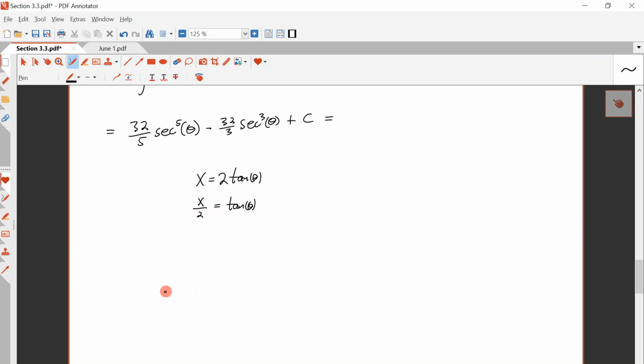Get out your right triangle. Put a theta on one corner. Now, tangent theta is the ratio of the length of the opposite side of the angle divided by the adjacent side of the angle. So then the hypotenuse has length square root of this squared plus that squared. Well, that's x squared plus 4.